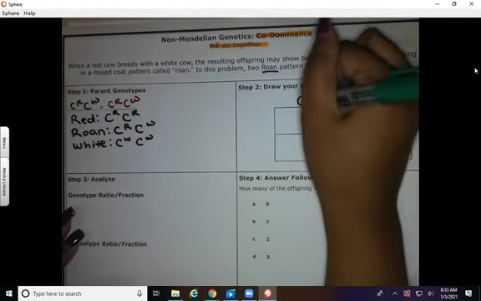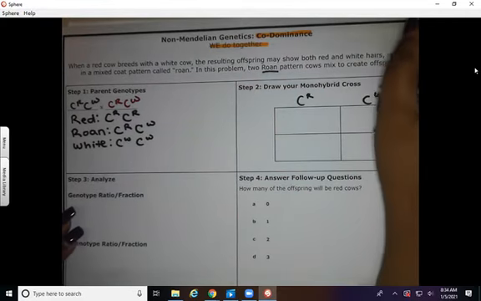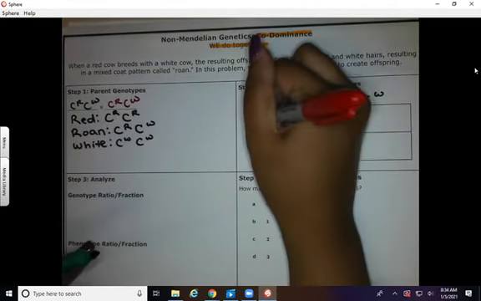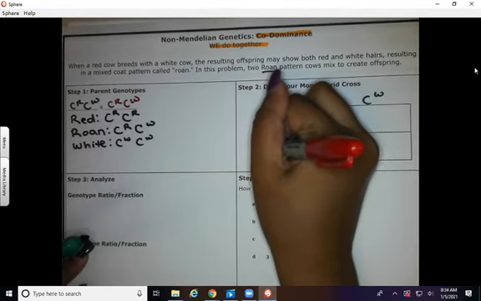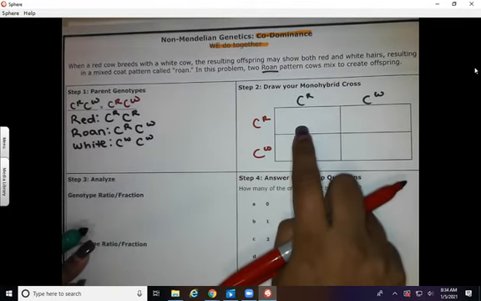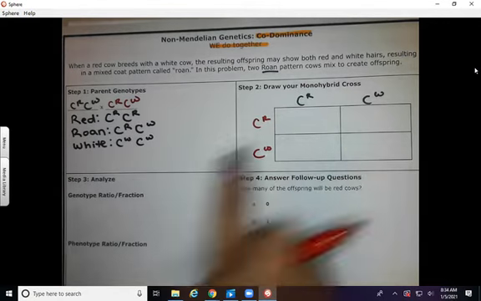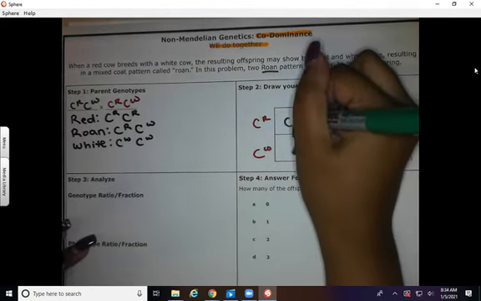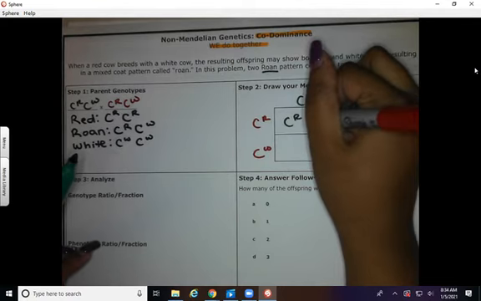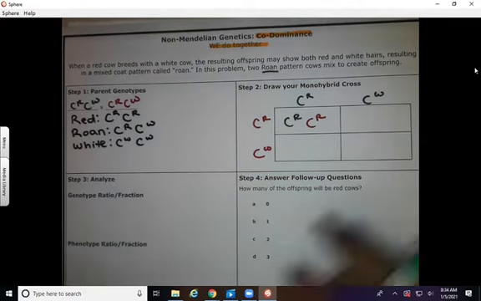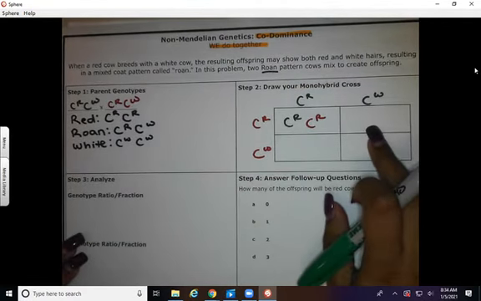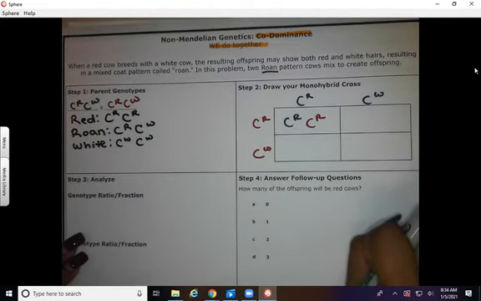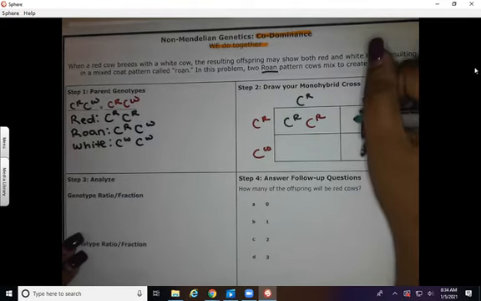Okay, so CRCW, CRCW. What is the genotype of the first offspring? Good. It's a CRCR. What about the second offspring? Good.